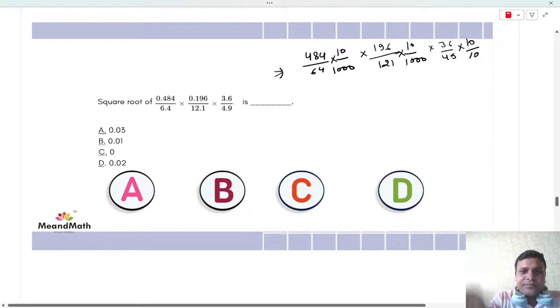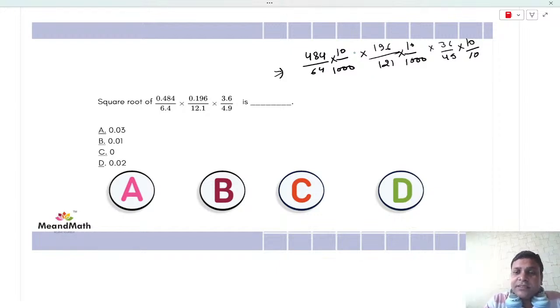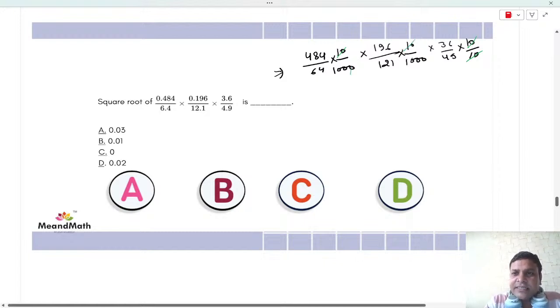Now I have to simplify it. For simplification, this 10 cancels out with 10, and this 10 cancels out with 10.